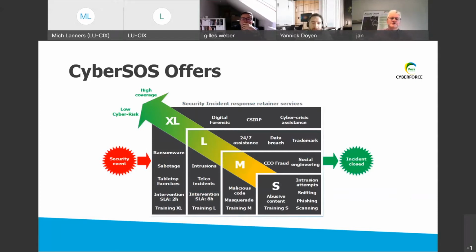So the service is built for different levels of coverage defined by attack complexity. This allows the customer to subscribe to the accurate service level based on the business risk exposure assessment. And of course, we always need to do a perimeter analysis in order to establish an offer.